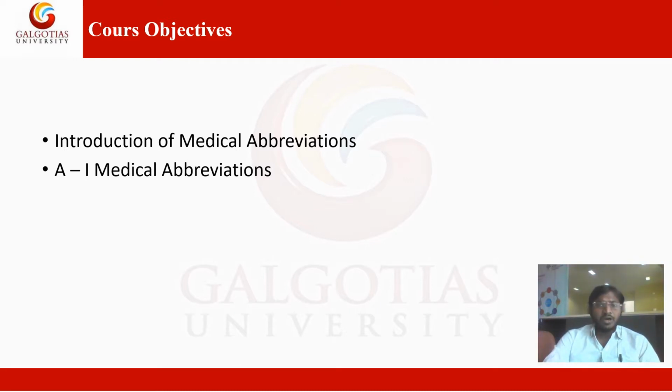Now I am taking A to Z, but in this class we will discuss only A to I. In the next class, we will discuss the remaining abbreviations, and examples of medical abbreviations: why, where and how we use all these abbreviations.